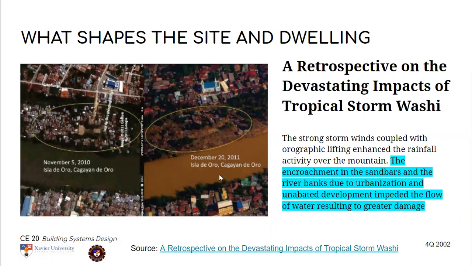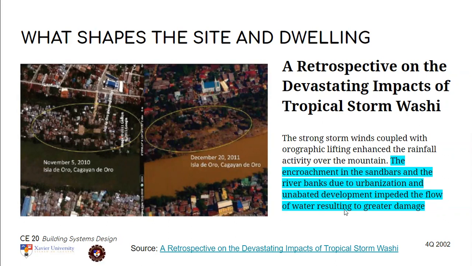As history repeats itself, we should also design our houses or settlements in general away from hazard zones. In the study, a retrospective on the devastating impacts of Tropical Storm Washi, they were able to conclude that the encroachment in the sandbars and the riverbanks due to urbanization and unabated development impeded the flow of water, resulting in greater damage.